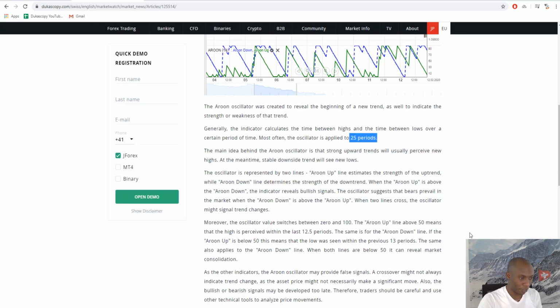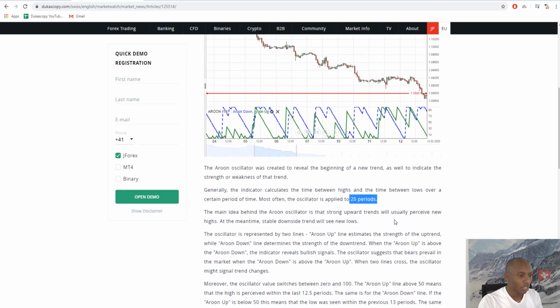Let's move further. The main idea behind the Aroon Oscillator indicator is that a strong upward trend usually brings new highs, and a stable downside trend, the vice versa. Let me repeat it.